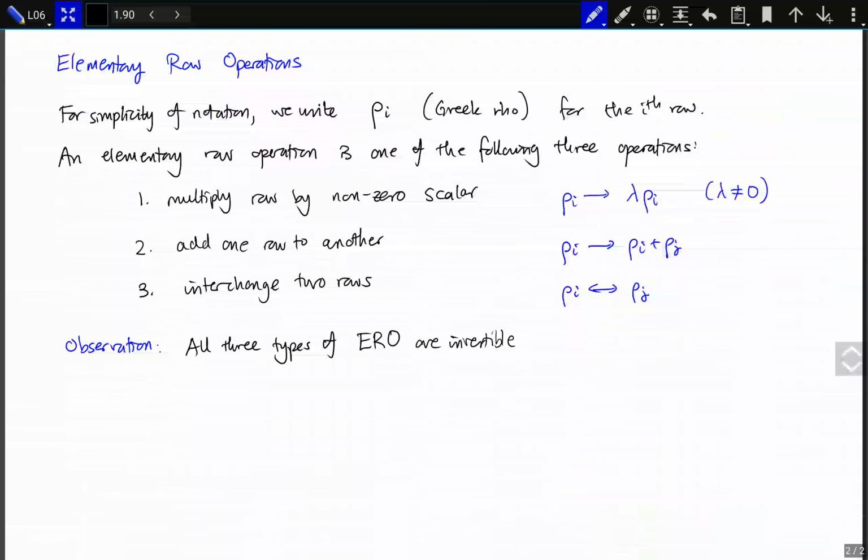So that means you can, for instance, if I multiply by 5, I can go back by dividing by 5. And the observation is that because this is the case, if A and B are row equivalent, then B and A are row equivalent as well. You can go the other way.